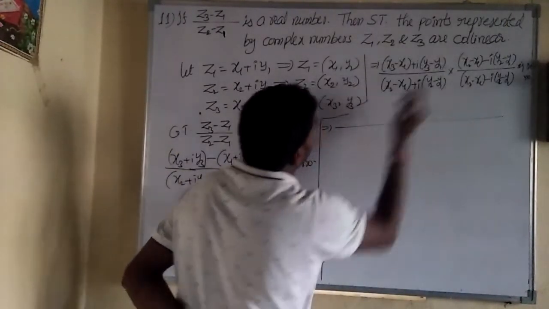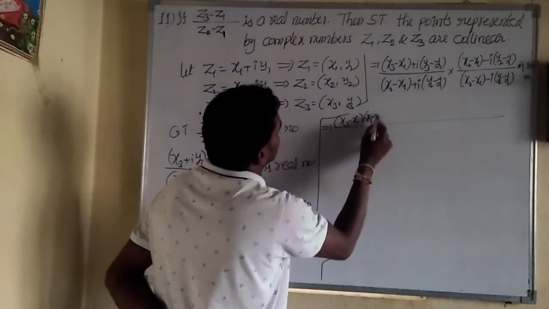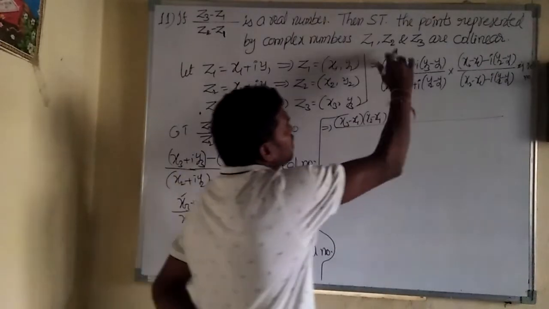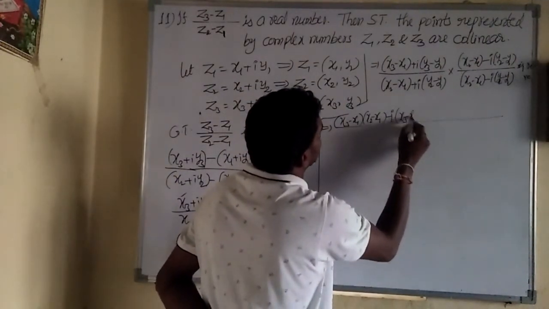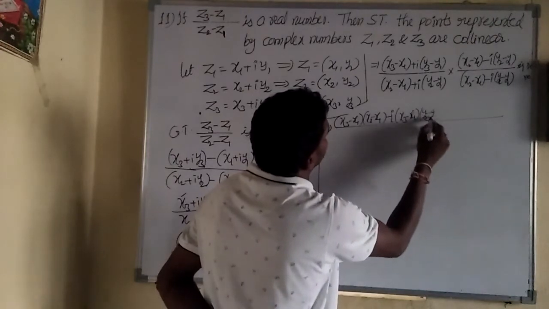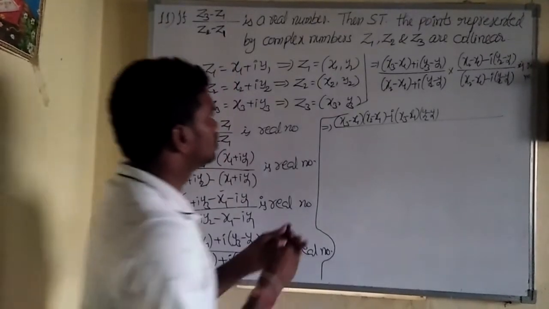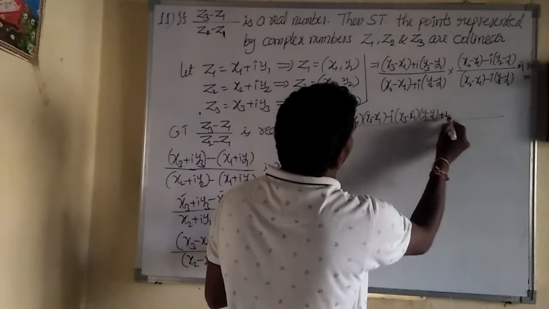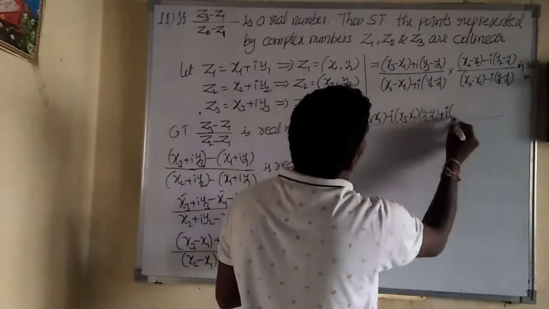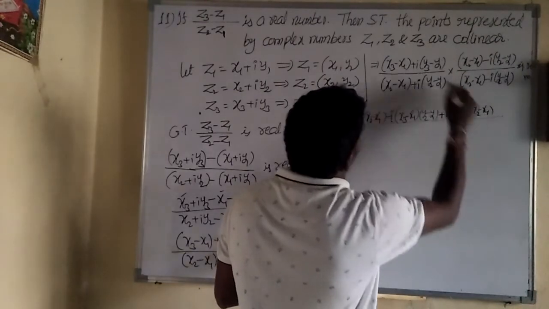(x3 minus x1) into (x2 minus x1), (x3 minus x1) into (x2 minus x1). Next, (x3 minus x1) into minus i, so minus i into (x3 minus x1) into (y2 minus y1). Okay, next, i into (y3 minus y1) into (x2 minus x1).